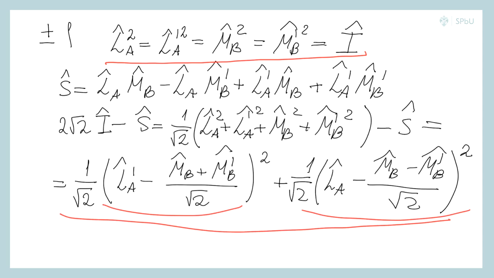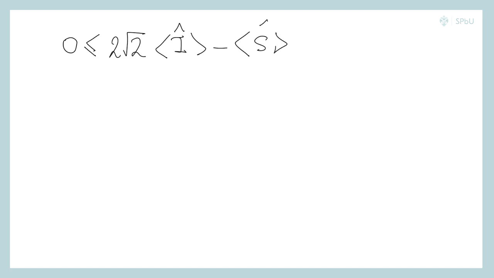And that's why, after averaging, assuming an arbitrary state of the A plus B system, we have the following: 2 square roots of 2 times the averaged identity matrix, minus the averaged S, is greater than or equal to 0.